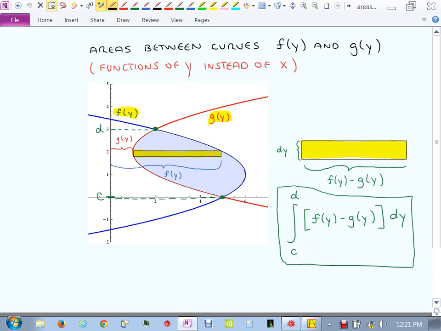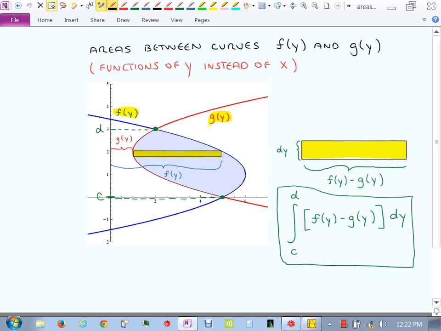Let's first take a look at this and talk about why you could not do a vertical rectangle here. Why not just do what we did in the past? Look, if I have a rectangle right here, that's okay. I could figure out what the top and bottom functions are.